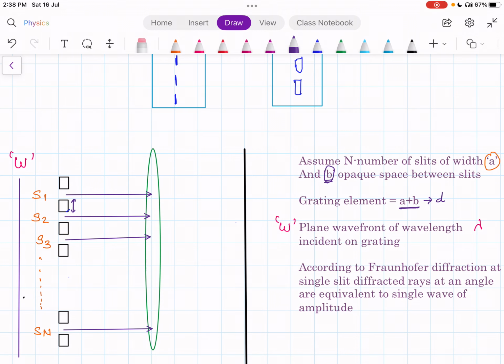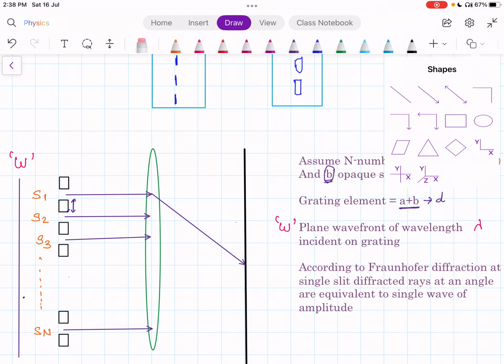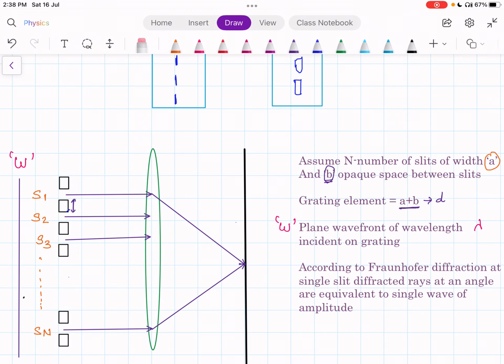So those secondary waves which are traveling in a direction normal to the plane of slits are focused at point P naught. So n number of waves are reaching point P naught, which are starting from the midpoint of every slit and traveling in a direction normal to the plane of slits.